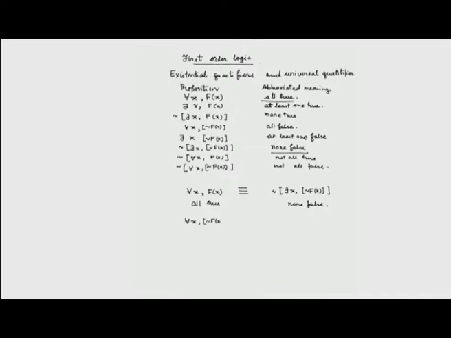All false is given by for all x negation of f x, and none true is given by negation of there exists x f x.